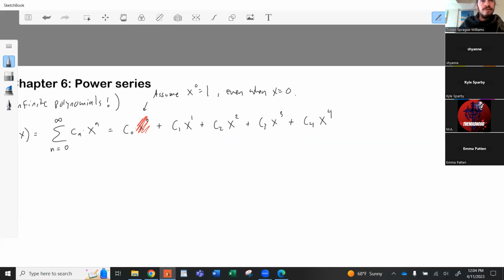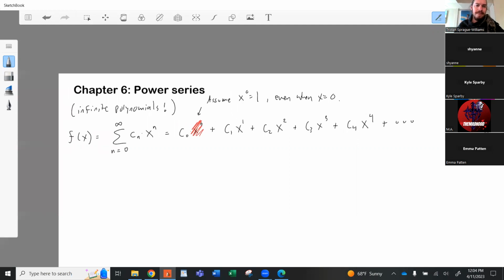If I were to just stop with this sum and say it goes up to x to the power 4 and then it stops, that would be a 4th degree polynomial. But what if it goes on forever and never stops? Then it's a power series. So that's why I say that power series are basically just infinite polynomials.